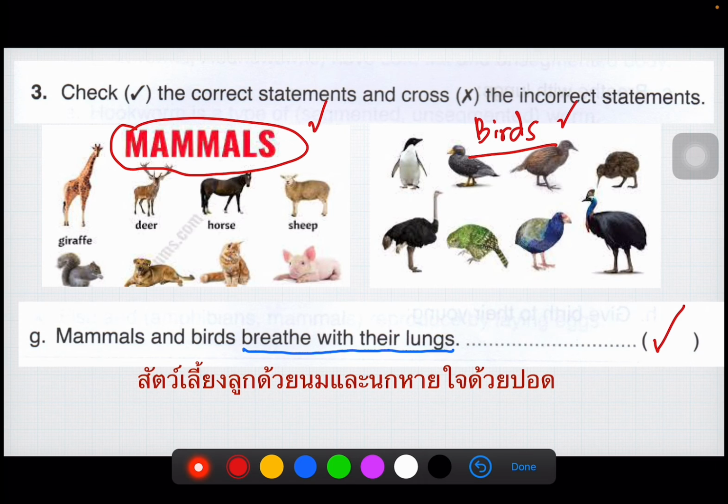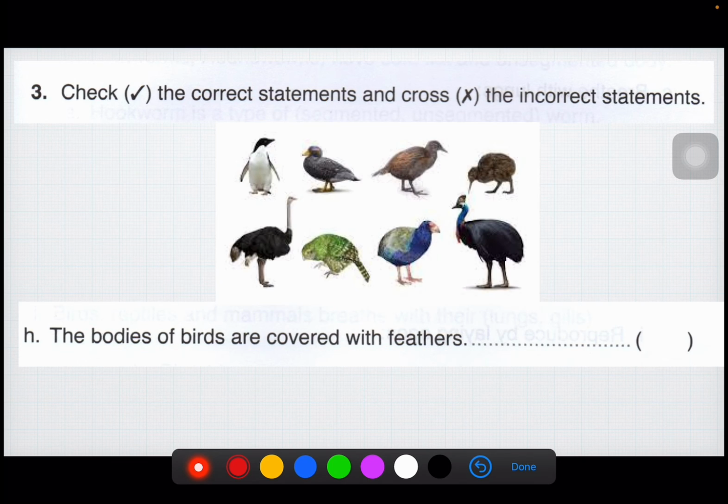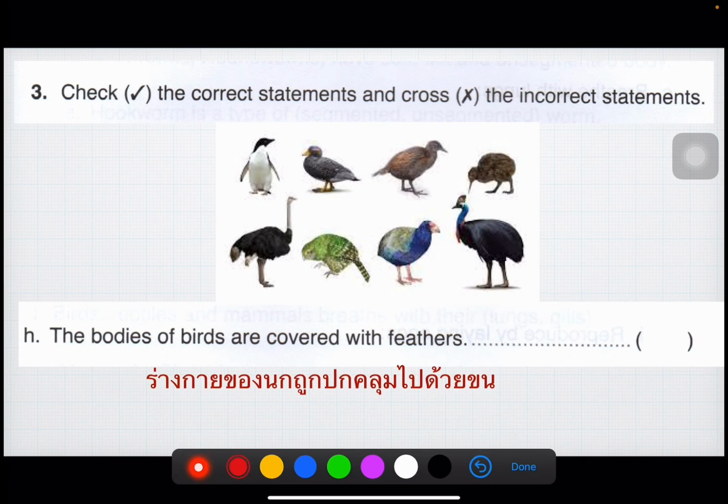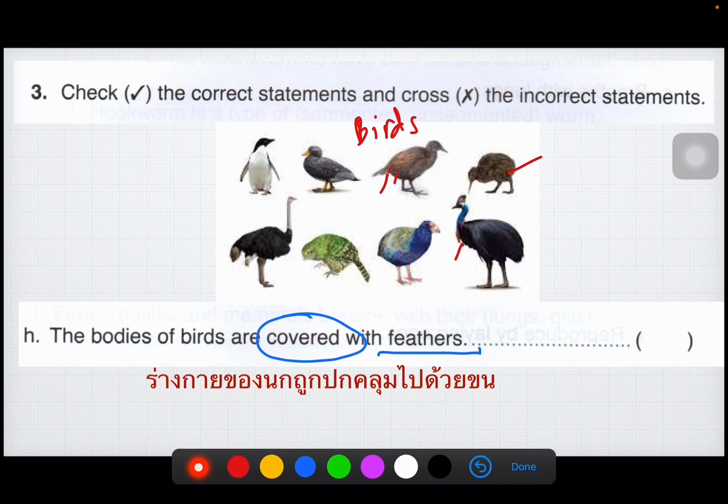Mammals and birds breathe with their lungs. Next, the bodies of birds are covered with feathers. As you can see, these are birds and they have feathers. So this statement is correct.